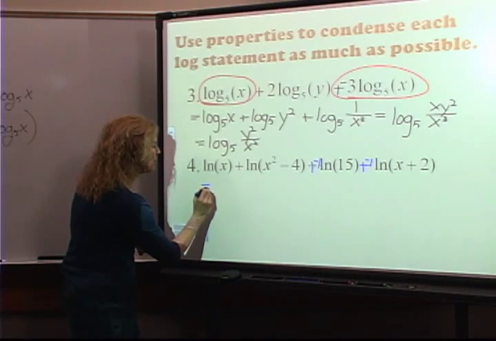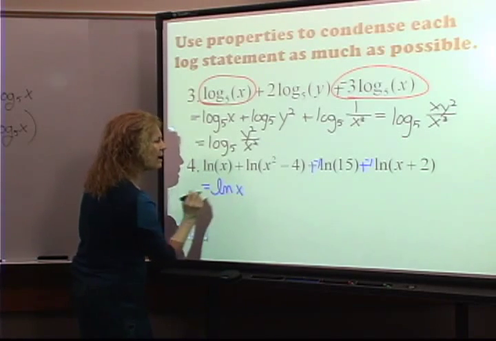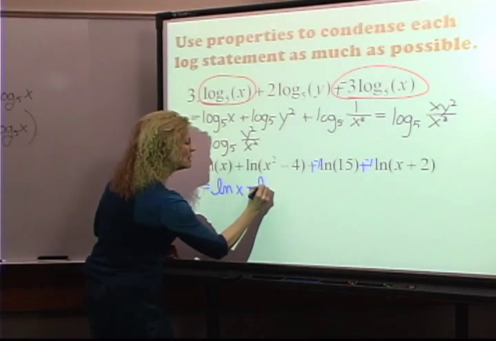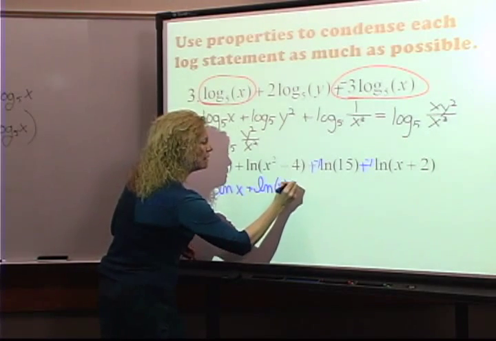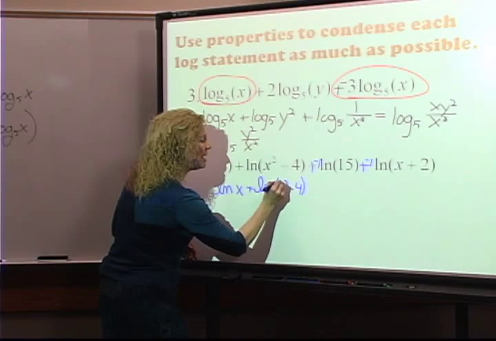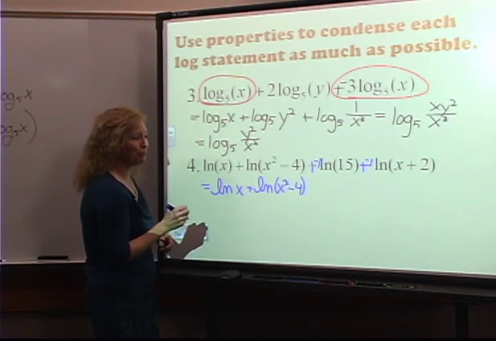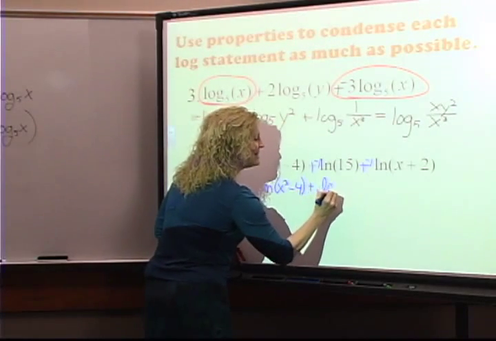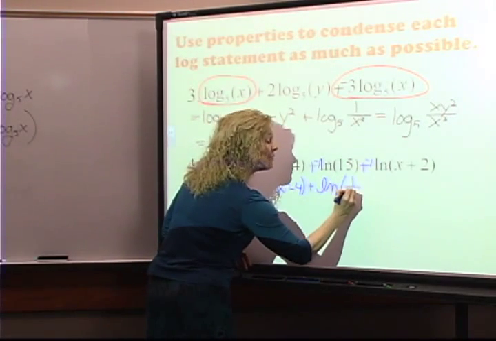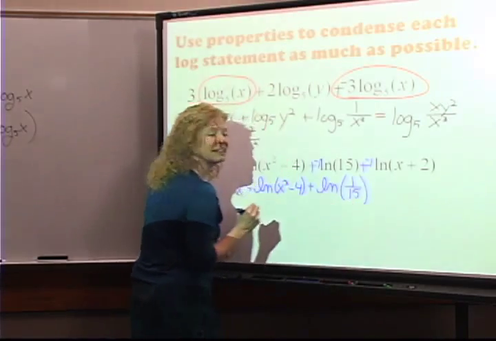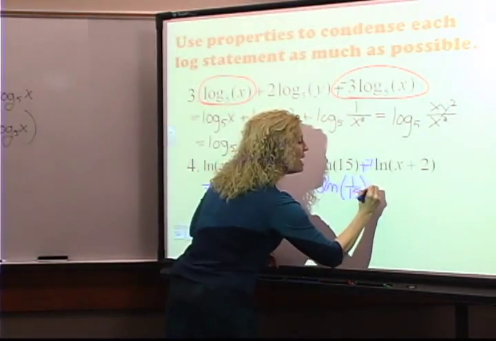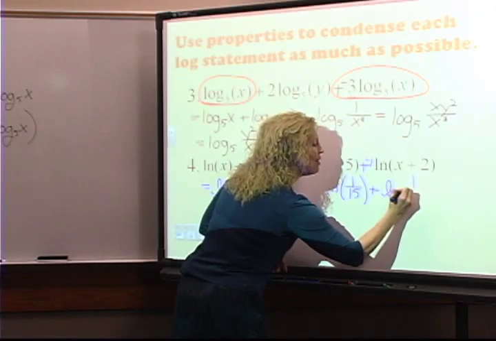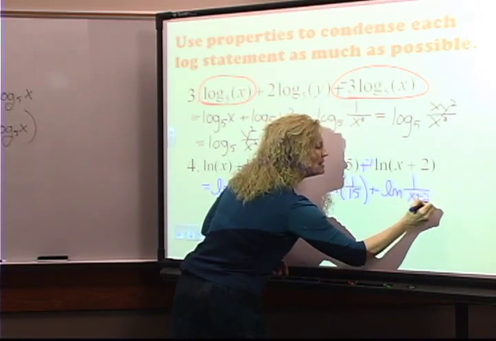So this is going to become natural log of x plus, hey, if nothing else, you should like ln's because it's less writing. And it gives me plus natural log of 1 over 15 plus natural log of 1 over x plus 2.